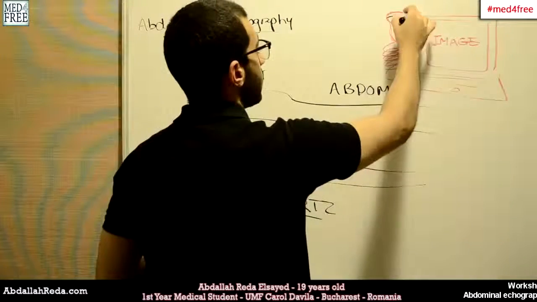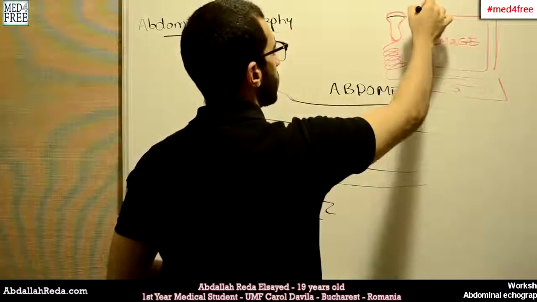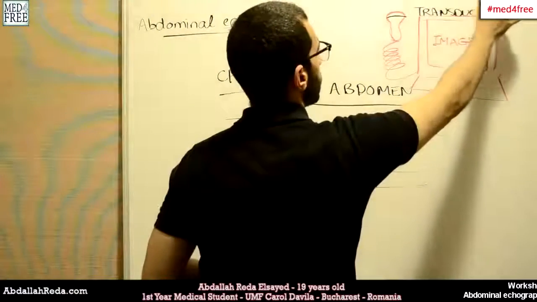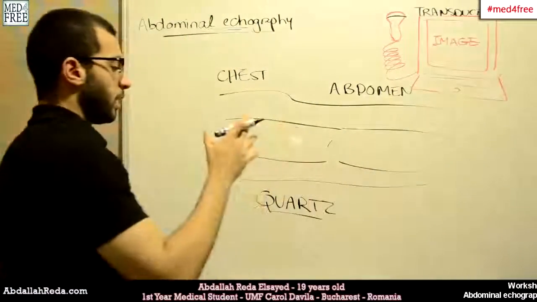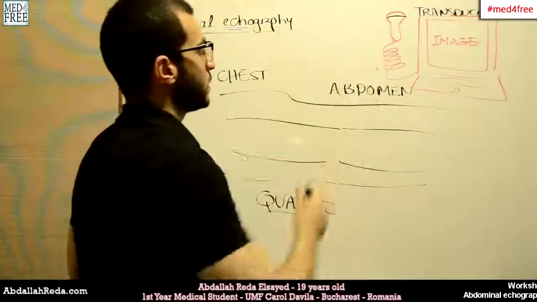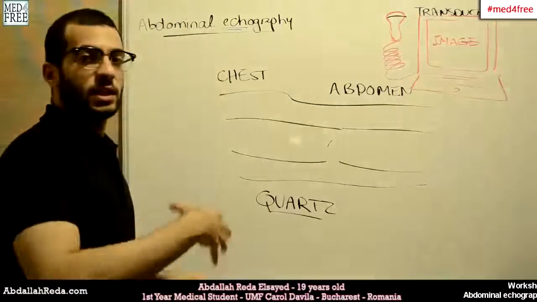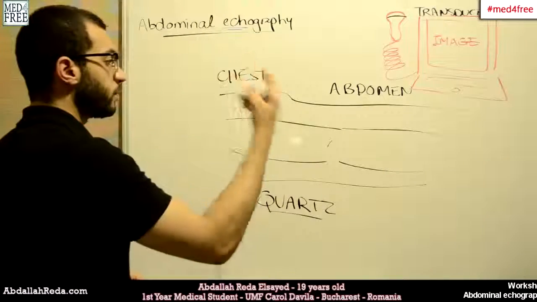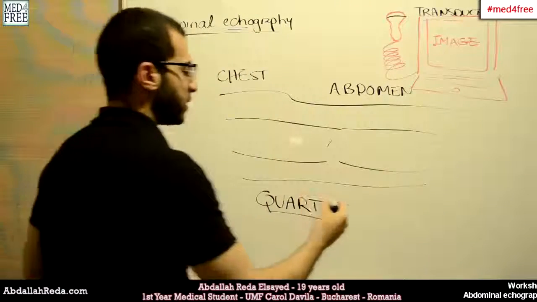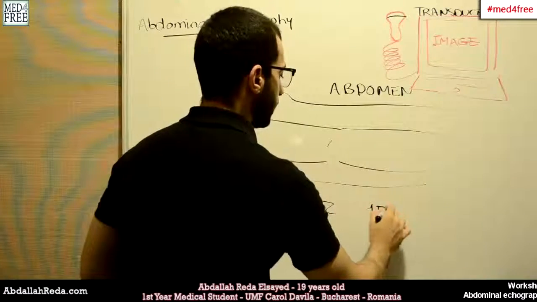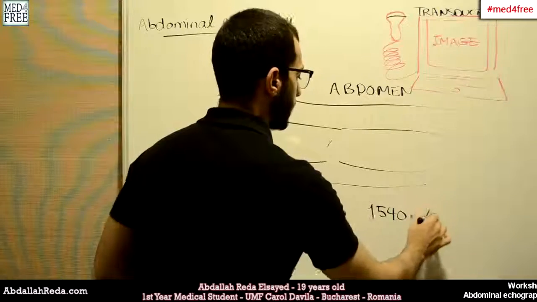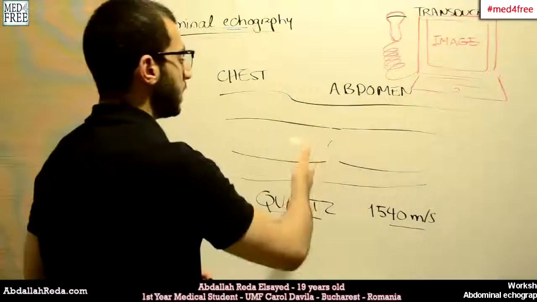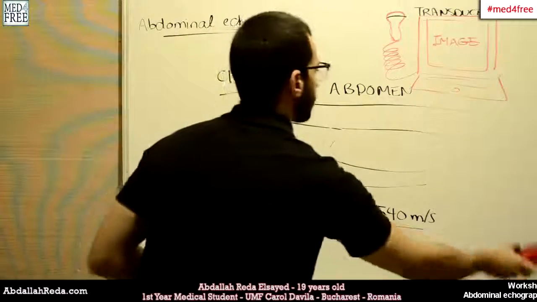And at the tip here we have transducers. These transducers will vibrate because of the electrical signals that they receive, and they will begin to emit the ultrasounds that propagate through the body tissue with a velocity of about 1,540 meters per second. And it goes through the body.